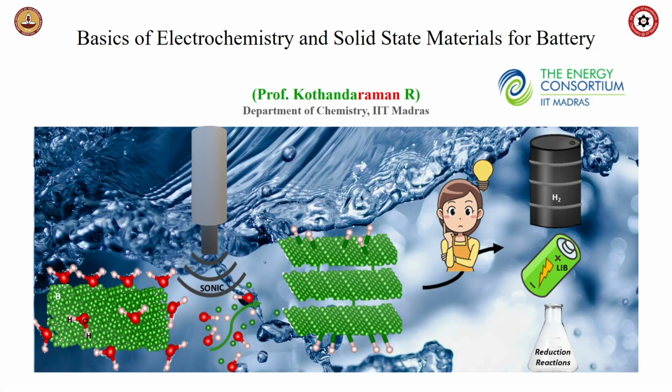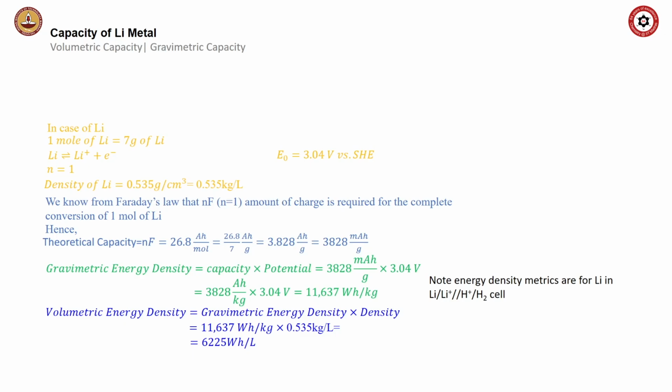Now let us go to some pre-made slides. You see here, I have taken 1 mole of lithium. 1 mole of lithium is 7 gram, correct? So if this is the half reaction, then 1 mole of lithium oxidizes to give 1 mole of electron.